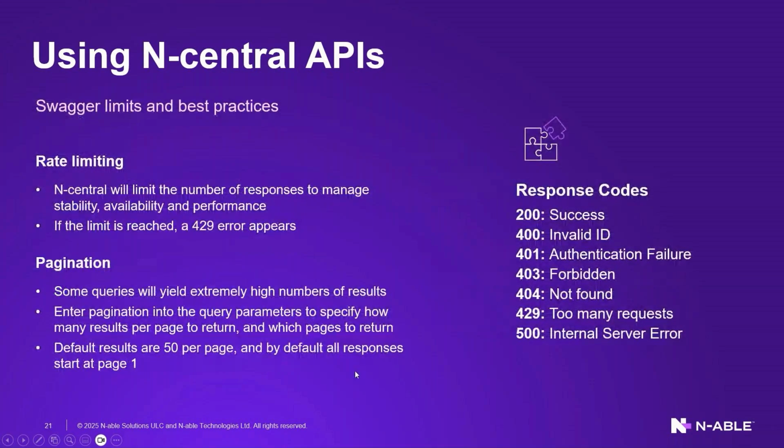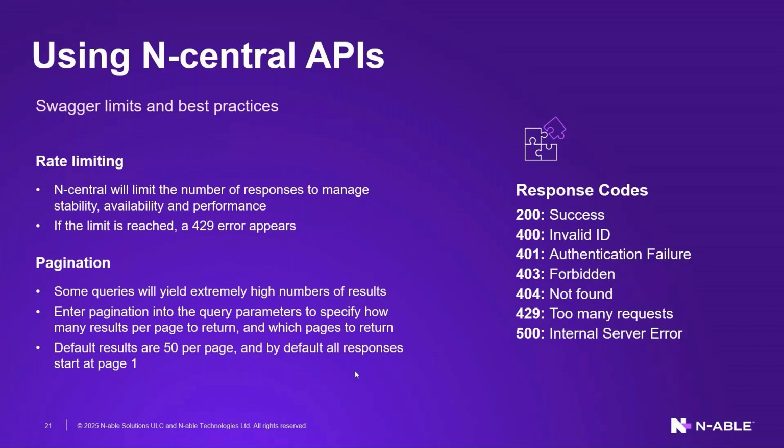Now, when it comes to using N-central APIs, Swagger does have its limitations and some best practices as well. So N-central will limit the number of responses to manage stability, availability, and performance. So you will see some calls have a limit of how many results can be pulled back per page.